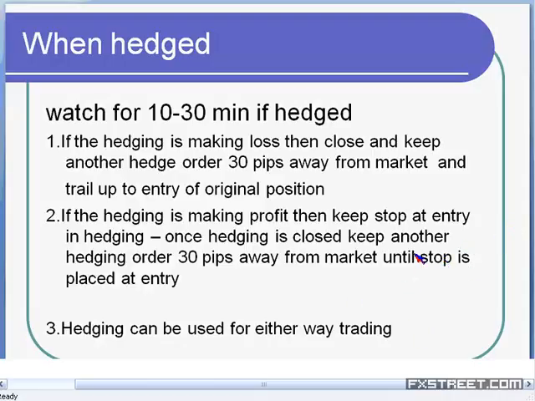Thereby, when the market goes up, you are not hedged. You can raise the hedging order to the original level and continue to hold. So it is a risk management technique.